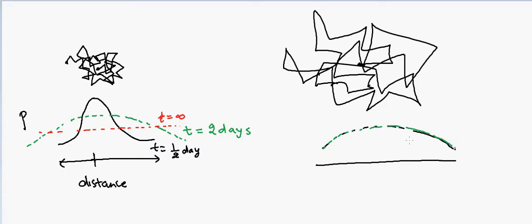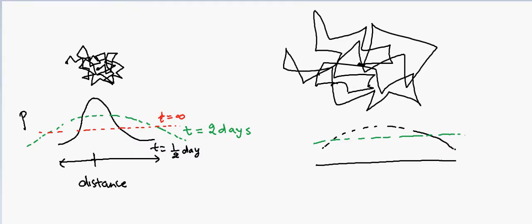Sorry, this should be the black one, and the green one will already be flat. So the probability will be higher for me to go to farther places. This is how the probability and the Gaussian distribution work.